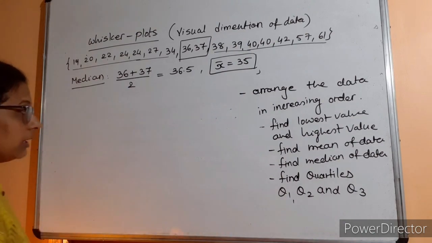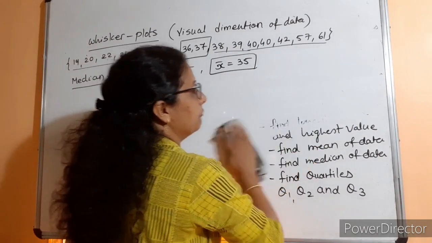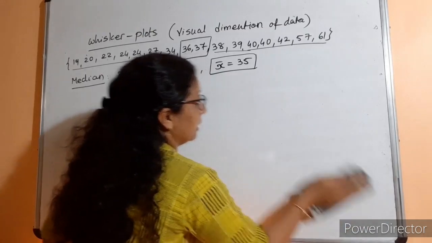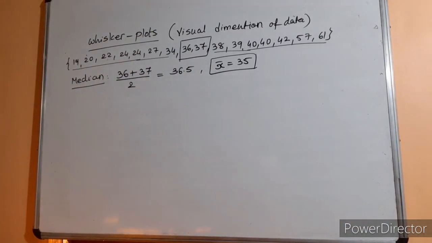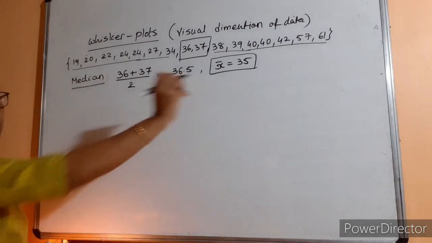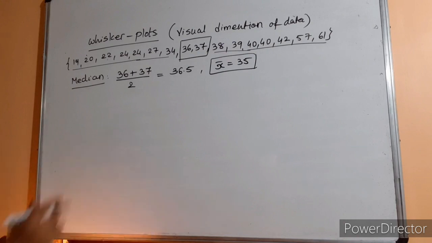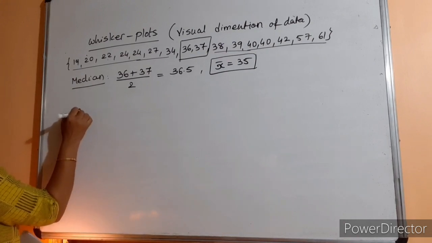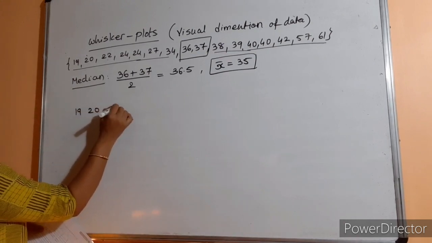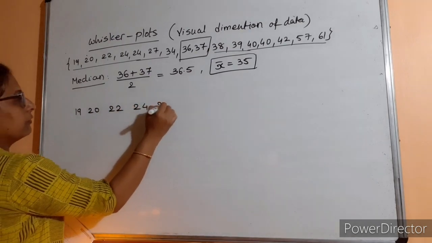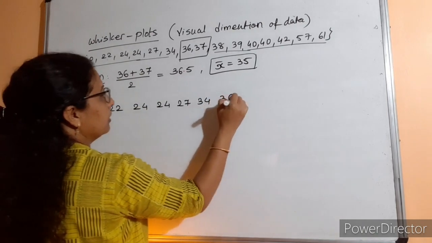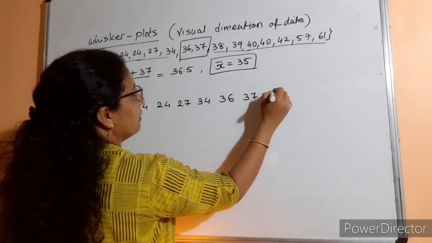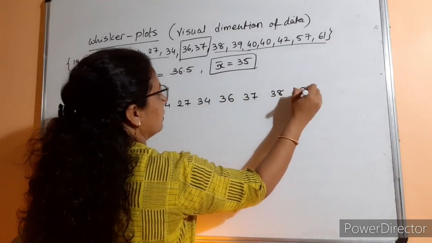Okay. Now we plot the whisker plot graph. So here, first of all, what I will write is, first you arrange the data in increasing order in one line I will write. Okay. So 19, 20, 22, 24, 24, 27, 34, 36, 37, 38, 39.